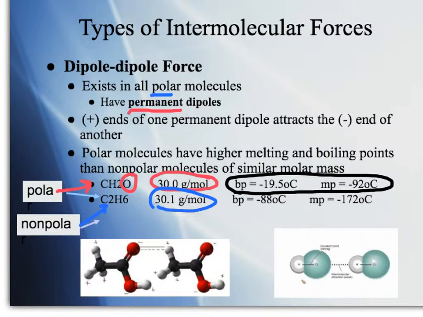For example, the boiling point for CH2O is negative 19.5 degrees Celsius, which is much higher than negative 88 degrees Celsius. And again, this all has to do with the dipole-dipole forces that are found in polar molecules and not nonpolar molecules.